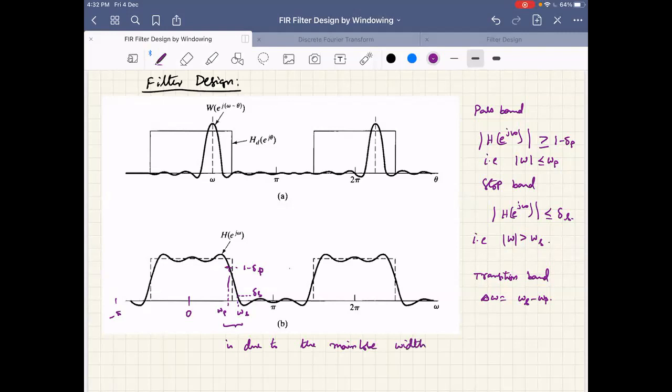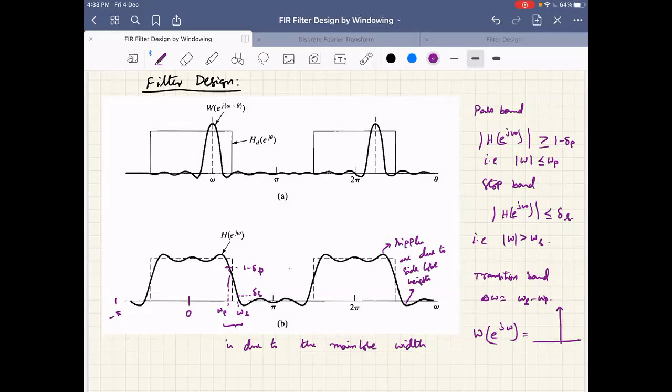The main lobe width is what determines the width of the transition band, whereas the ripples are because of the height of the side lobes. Ripples are due to side lobe heights.